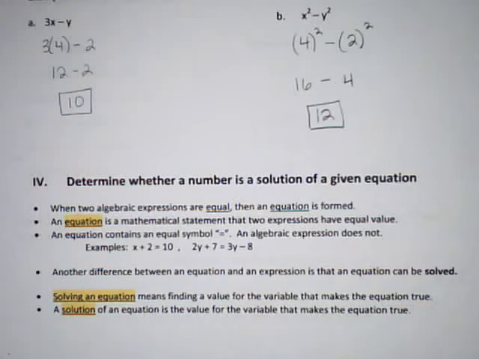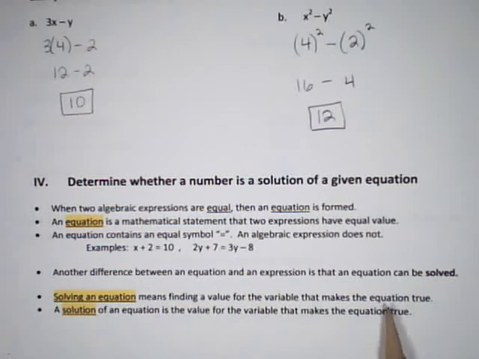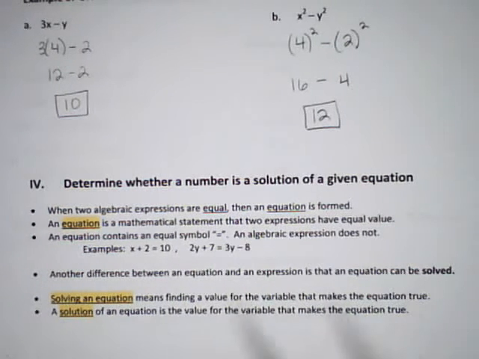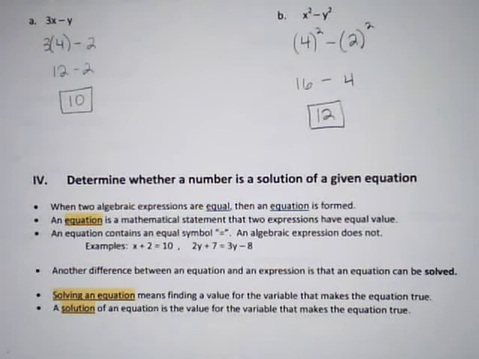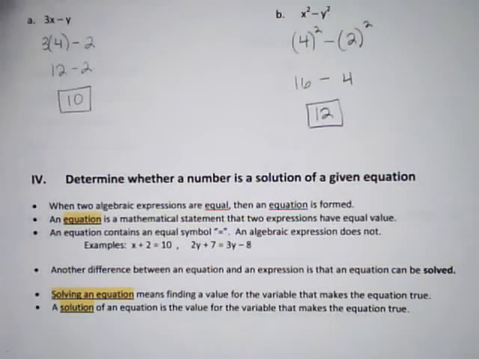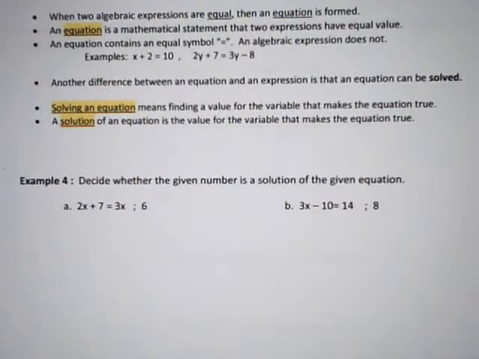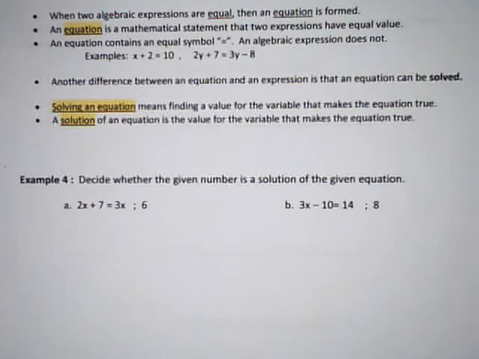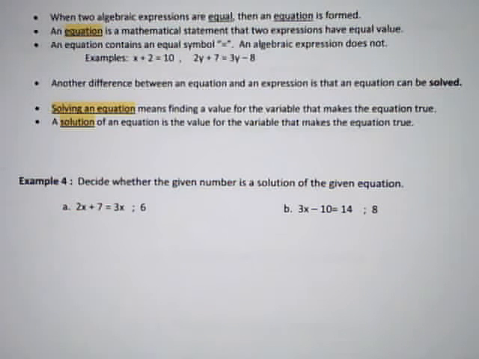Solving an equation means that you're finding a value for the variable that makes that equation true. The solution of an equation is the value for that variable that does make that equation true. So what we're going to do in this very first section is determine whether a number that's given to you in a problem is a solution or not. Again, we're going to be using order of operations.